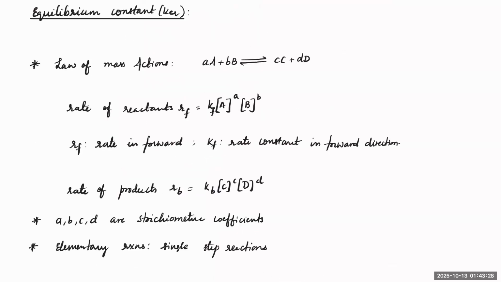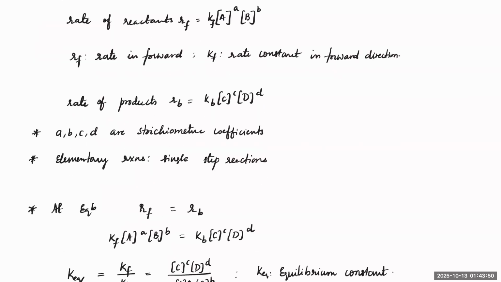If a reaction goes from reactant to product and in between there is no intermediate forming, directly the reactant converts into product, and products directly react with each other and form reactant, so there is nothing in between, such reactions are called elementary reactions, where the reaction is driven by only one step. So single step reactions are called elementary reactions.